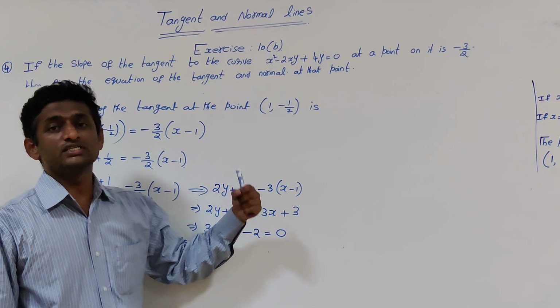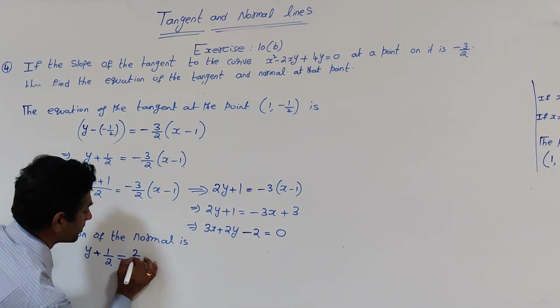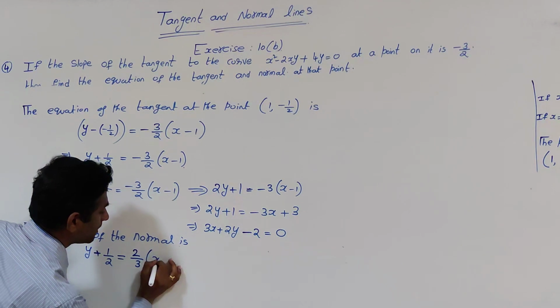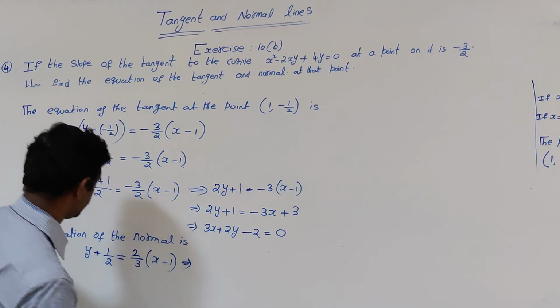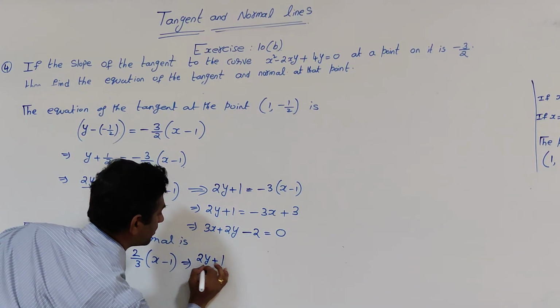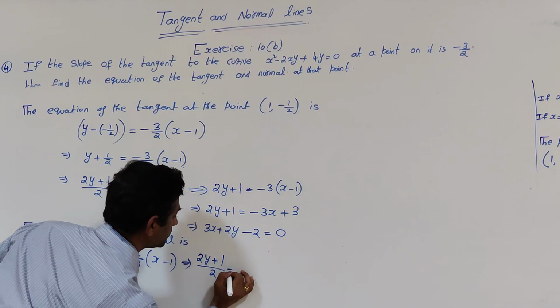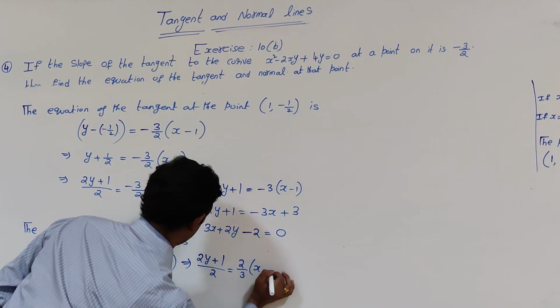It is the negative of its reciprocal, so it will be 2/3 times (x - 1). (2y + 1)/2 = 2/3 (x - 1).